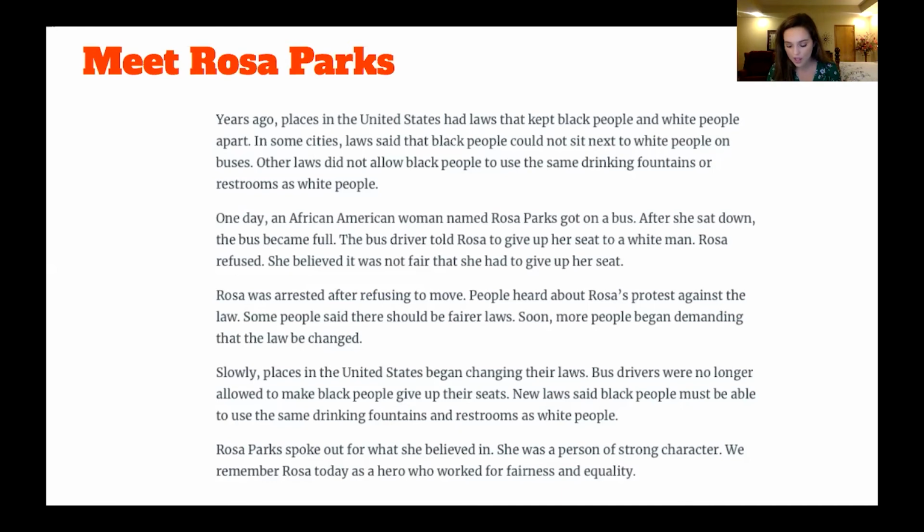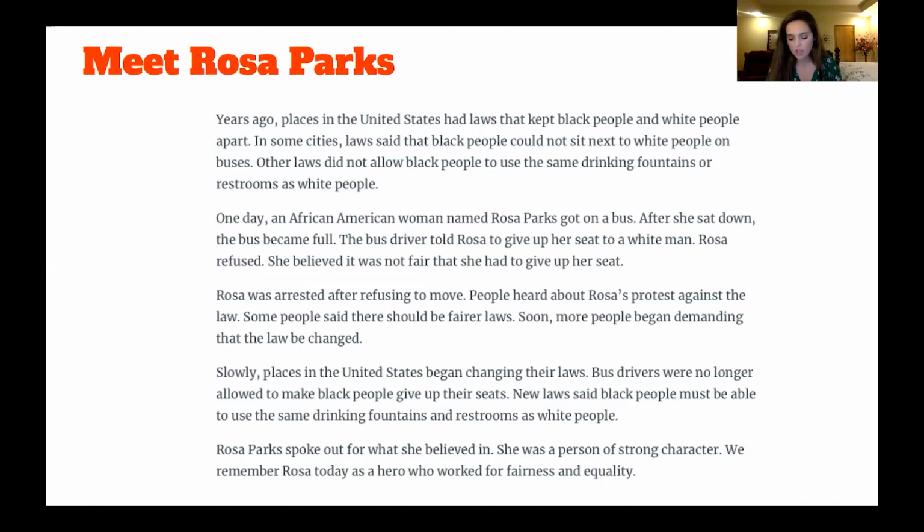So I'm going to write United States changed laws, whoops, I actually wrote laws to allow Black people to use restrooms, water fountains, and buses.